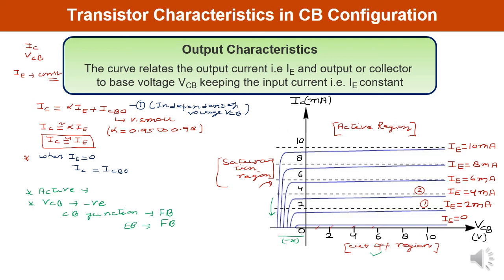So this is how you can explain its characteristic curve in output mode while plotting between IC and VCB, meaning output characteristics. And you must remember that in the cutoff region, when both the diodes are reverse biased, it will act as an open switch, while in the saturation region, when both the diodes are forward biased, it will act as a closed switch.